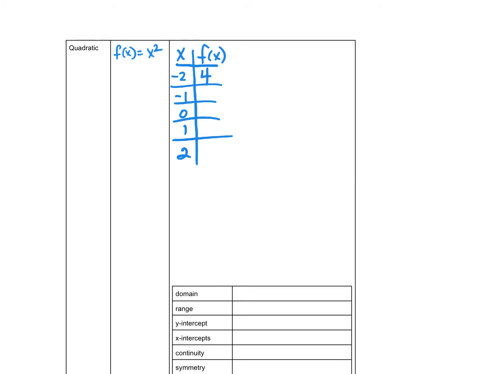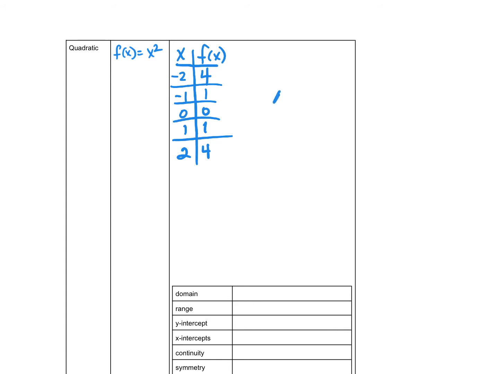I'm glad y'all rebounded. -1 squared. 1. Squared does not mean multiply by 2. Square means multiply by itself. So -2 times -2 is 4. -1 times -1 is 1. 0 squared. Oh, thank God. 1 squared. 2 squared? 4.